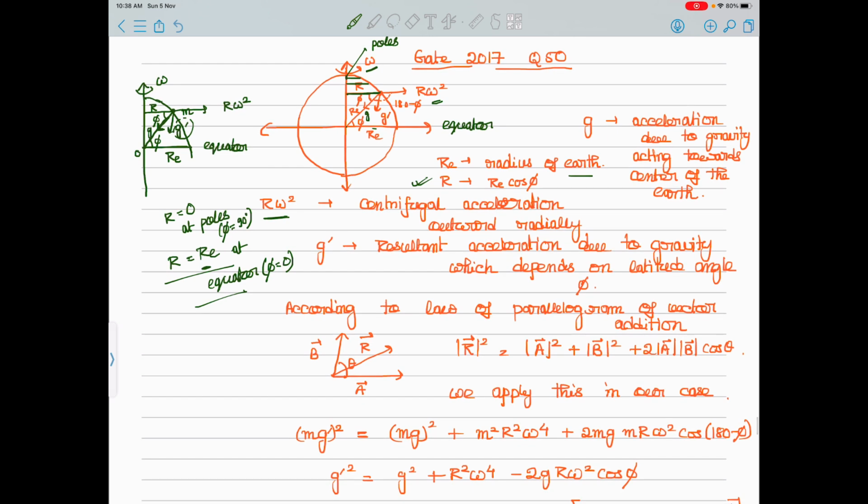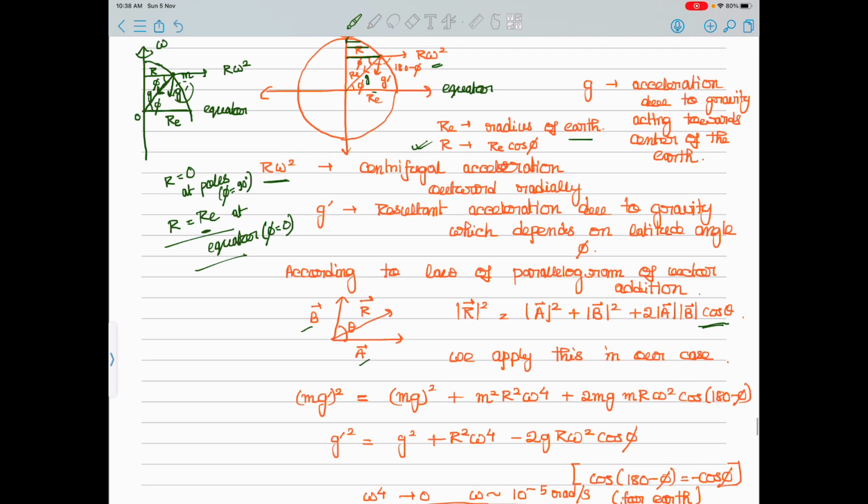According to the law of parallelogram of vector addition, for any resultant R of two vectors A and B, if the angle between them is theta, the magnitude of R square is equal to magnitude of A square plus magnitude of B square plus 2 times magnitude of A times magnitude of B cos theta. If we apply this in our case, the vectors are r omega square and g acting towards the center of the Earth, and the resultant is g dash.